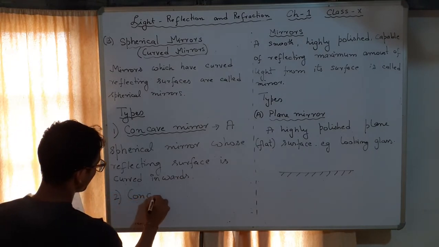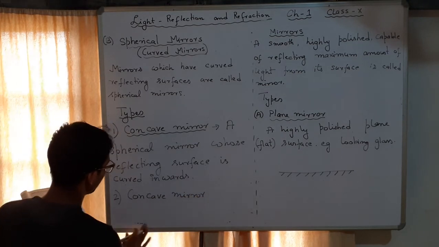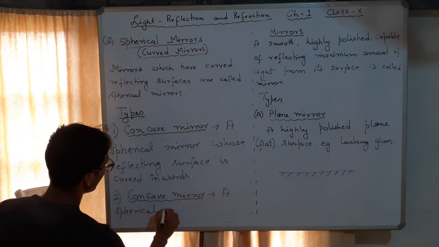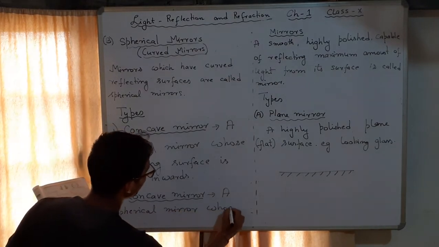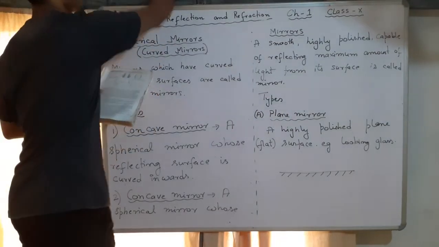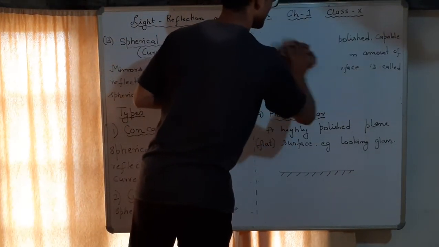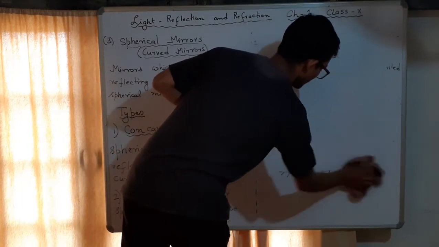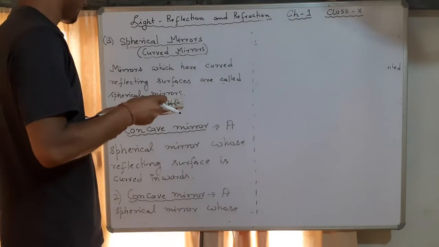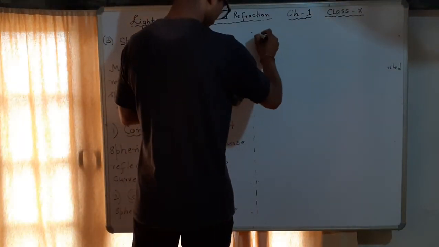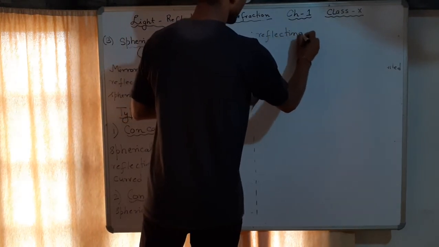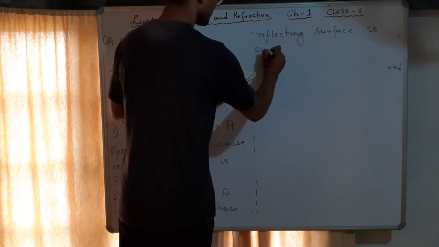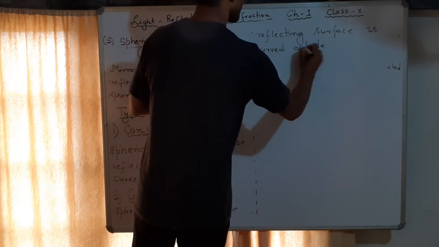Number two, convex mirror, exactly opposite: a spherical mirror whose reflecting surface is curved outside.